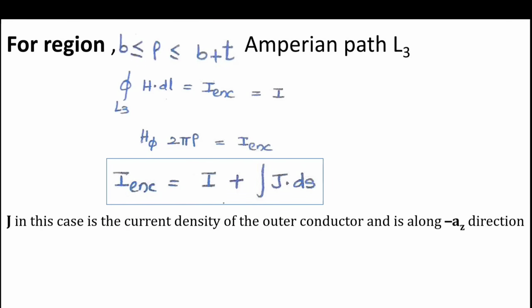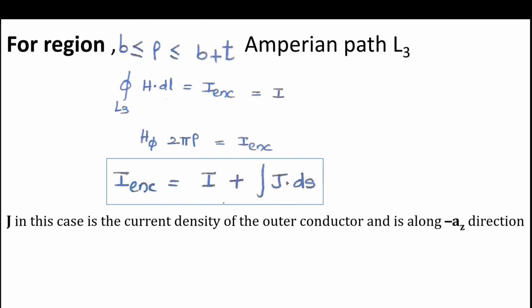Now apply the Amperian path for the third region, B ≤ ρ ≤ B+T. Now the Amperian path is L3. The closed integral over L3 of H·dl is equal to I enclosed, so H_φ 2πρ is equal to I enclosed. So I enclosed is equal to I plus the integral of J·dS.